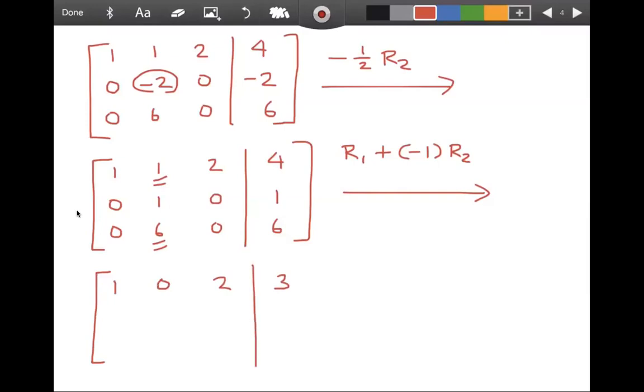Goes there. We're not doing anything to row 2. Okay, now here's where something interesting happens. We need to get rid of the 6. So we're going to change row 3 by adding to it -6 times row 2.